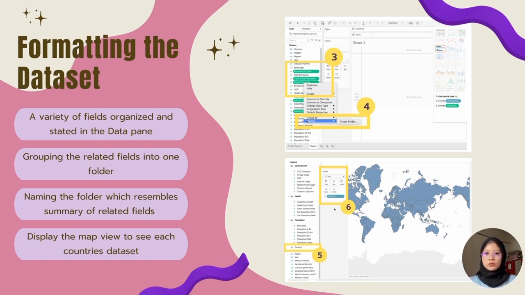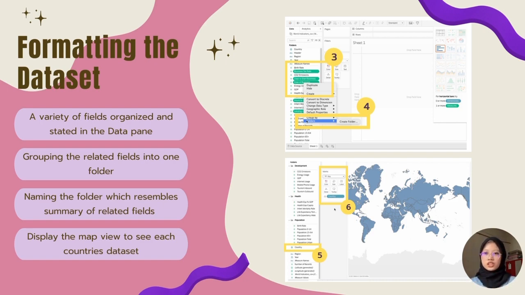Then we need to double click on the country, which I have labeled on the 5th step, and then you may refer to the mark pin that I have highlighted on the 6th step, where on that mark Tableau will create a map view with a filled circle representing each country.